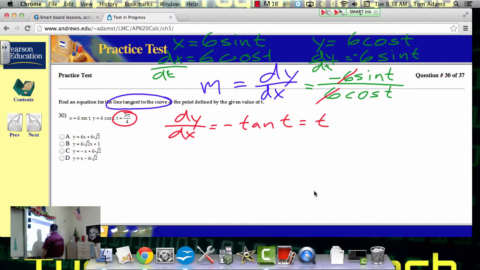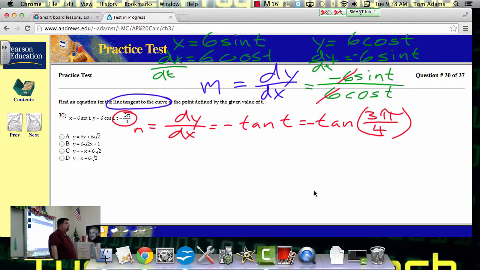So we're going to say negative tangent of 3 pi over 4, and that gives us the slope for the tangent line. You have to negate that.